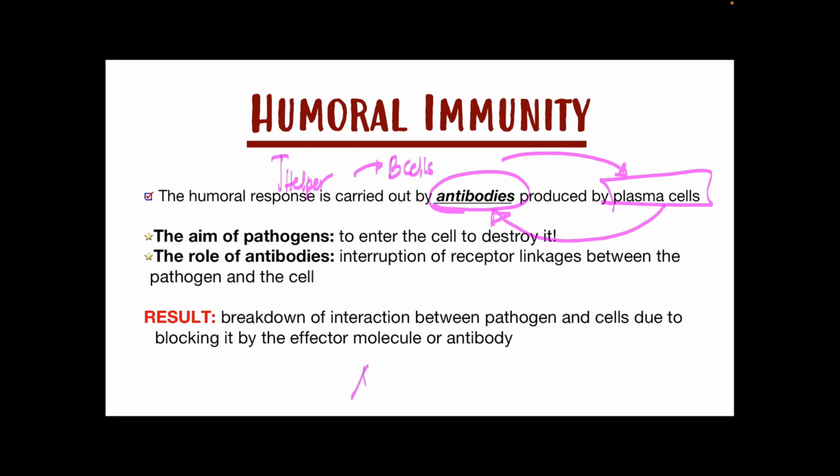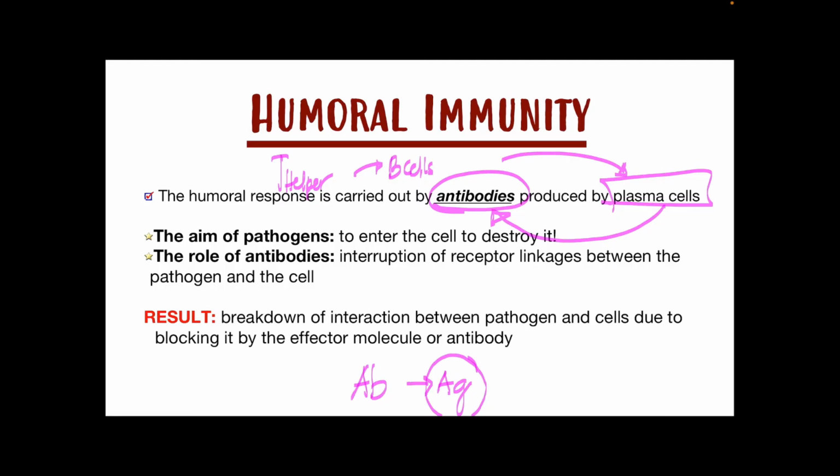What will happen is that the antibodies produced by the plasma cells will bind to the antigen. After binding, the antigen will be neutralized or lysed, through dissolution or destruction of cells by a lysin, or even through phagocytosis.